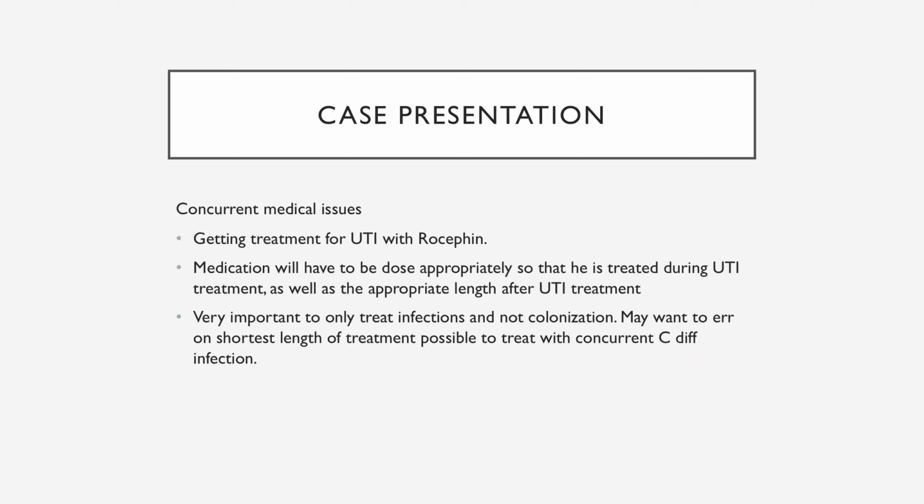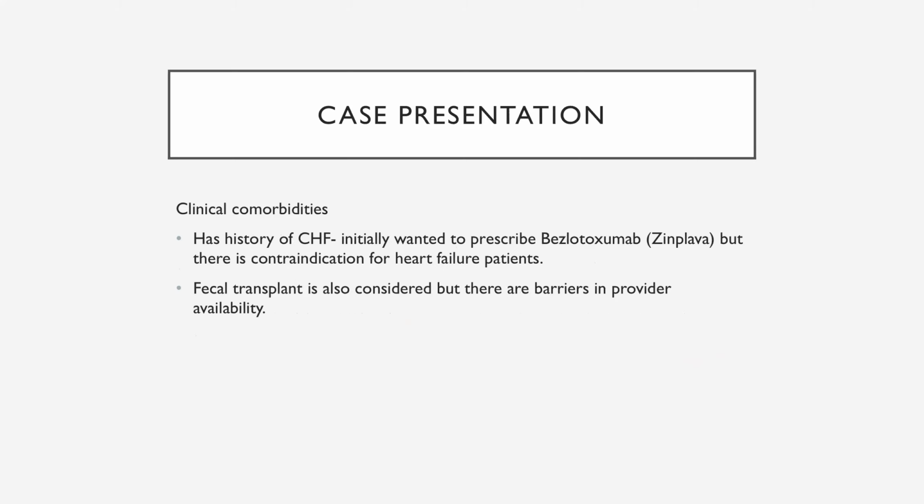Those first 7 days won't count toward the 10 to 14 days of oral vancomycin that we're going to elect prior to a taper. And then comorbidities. We had thought about doing some Zinplava on him, but he has a history of heart failure, so he was not a candidate for this. And fecal transplant also really wasn't an option because of provider availability here in Tulsa.